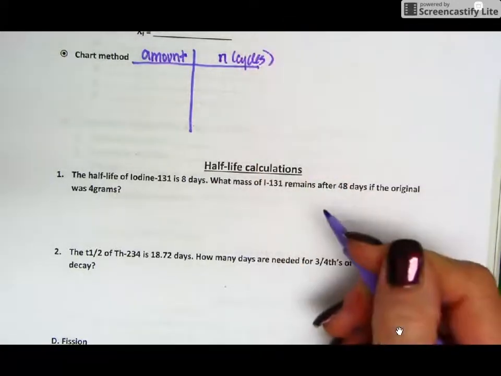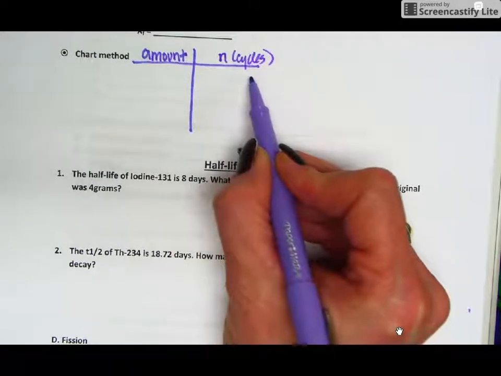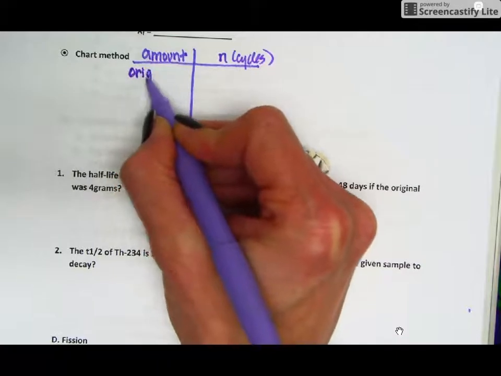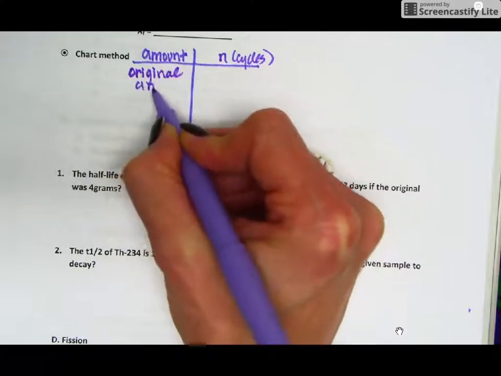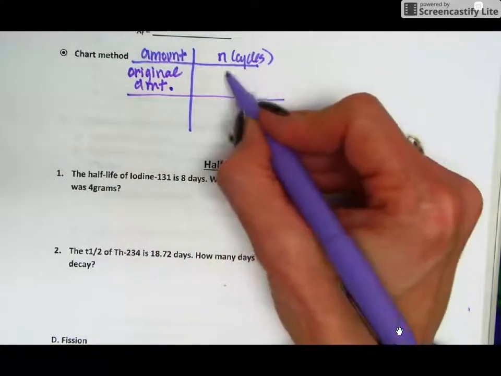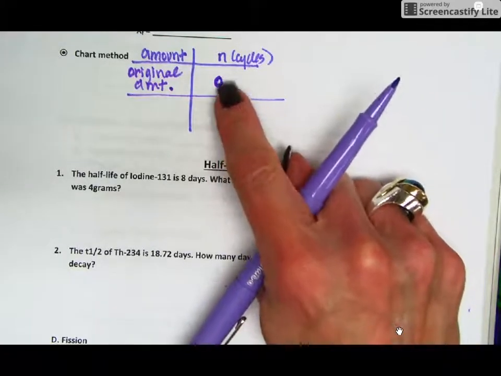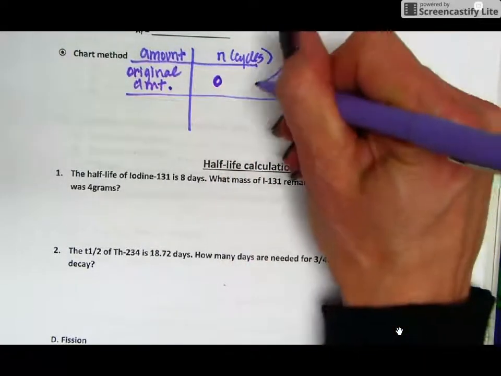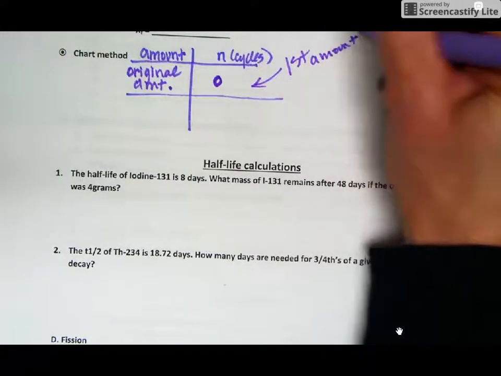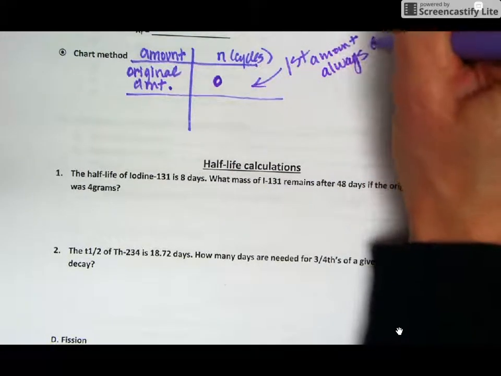And what's important to remember here is in the very first row, you put the original amount. That's always what goes here. And right beside it, you always, always, always start with 0 for the N. This means no time has passed by. So this first one here for N is always 0.